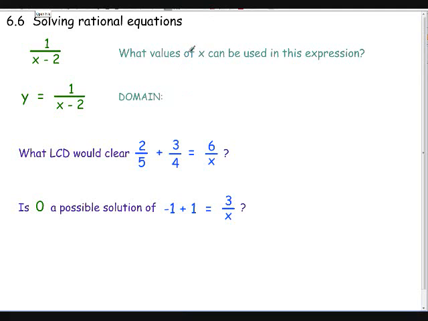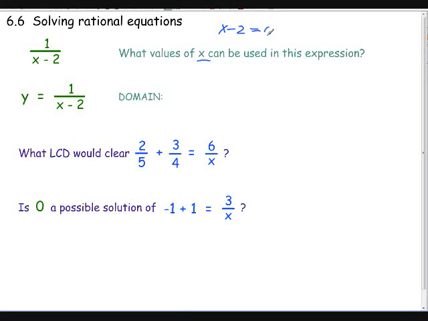Solving rational equations. What values of x can be used in this expression? Well, I'd say almost every value of x, except for any value that would cause my denominator to equal 0. X minus 2.